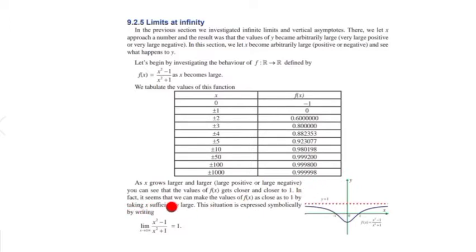In fact, it seems that we can make the values of f of x as close to 1 as we like by taking x sufficiently large. This situation is expressed symbolically by writing limit x tends to infinity x square minus 1 by x square plus 1 equal to 1.